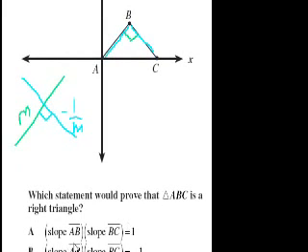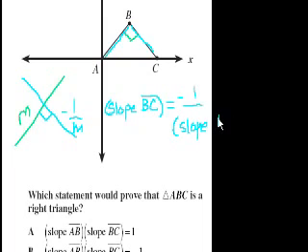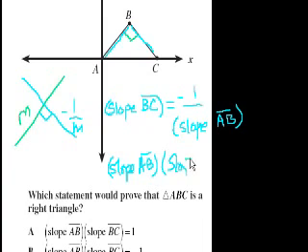So let's see. What did I say? Slope of segment BC should be equal to the negative inverse of the slope from A to B. If we multiply both sides of that times the slope AB, you get slope AB times slope BC is equal to -1.